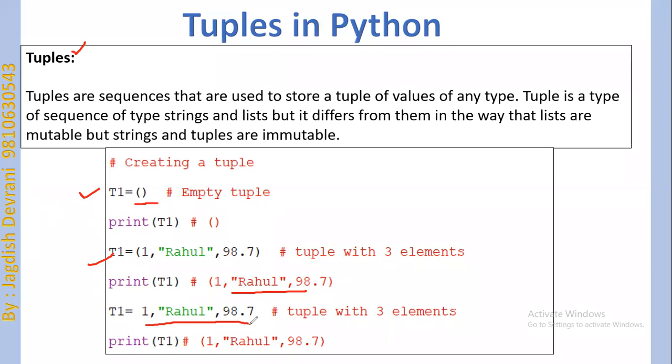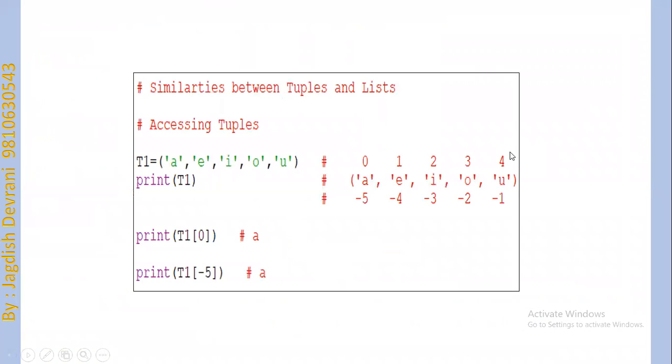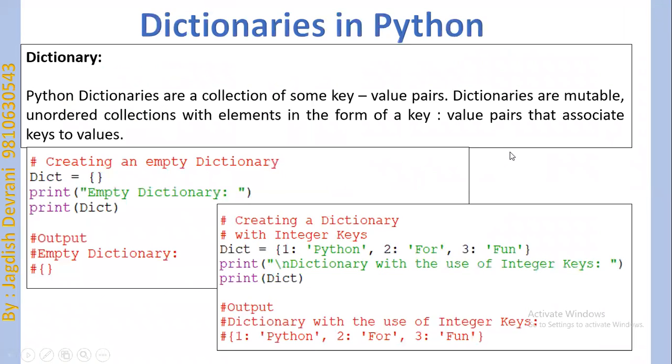So whenever you want to store information and you do not want any sort of modification in that, you can always declare that information in terms of tuples, right? So this is the basics of tuples. We have a complete chapter on that, so we'll be starting the details about tuples in that chapter.